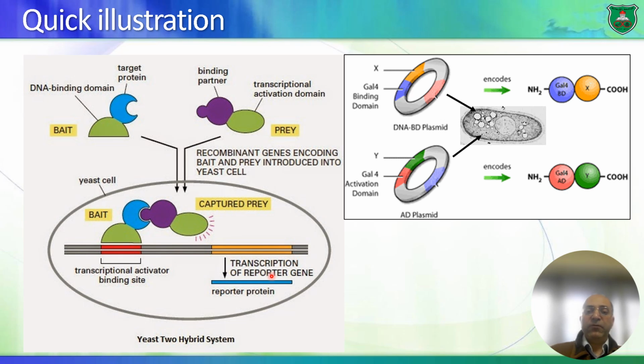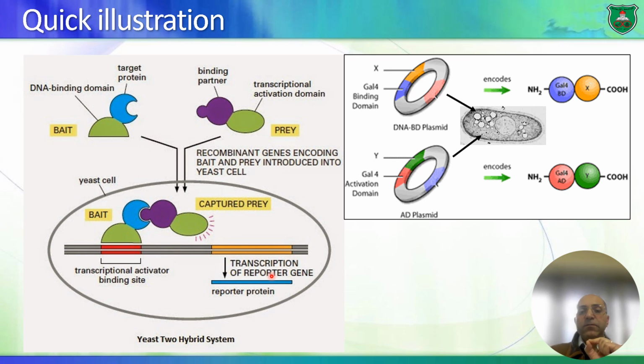If beta-galactosidase is there, it's going to cleave X-gal. If X-gal is cleaved, it's going to generate a blue product, and the yeast cell and the yeast colony becomes bluish. And the color blue indicates that X interacts with Y.